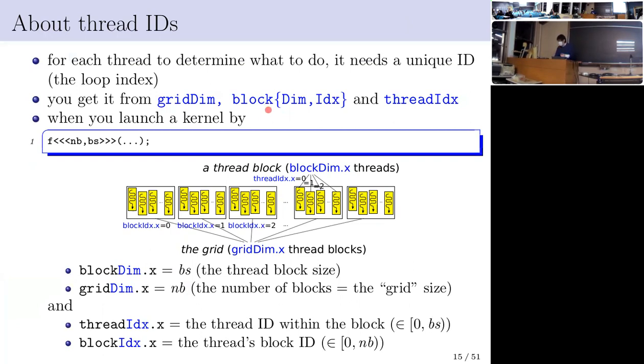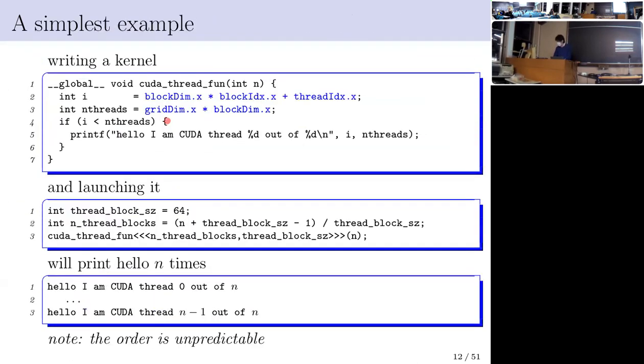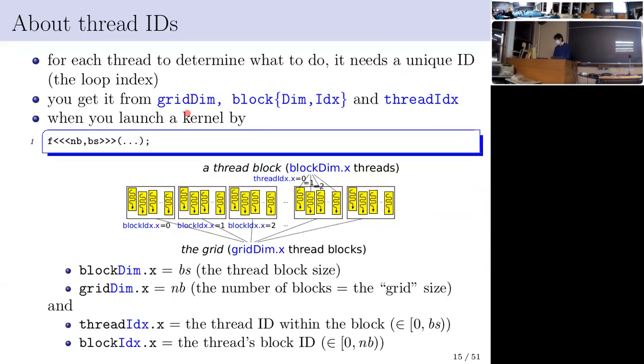And I get to the thing I have just shown in the first example. What are all these blockDim, blockIdx, threadIdx, and gridDim? This is something similar to what you had in OpenMP with two API calls. One was omp_get_num_threads, and the other was omp_get_thread_num.